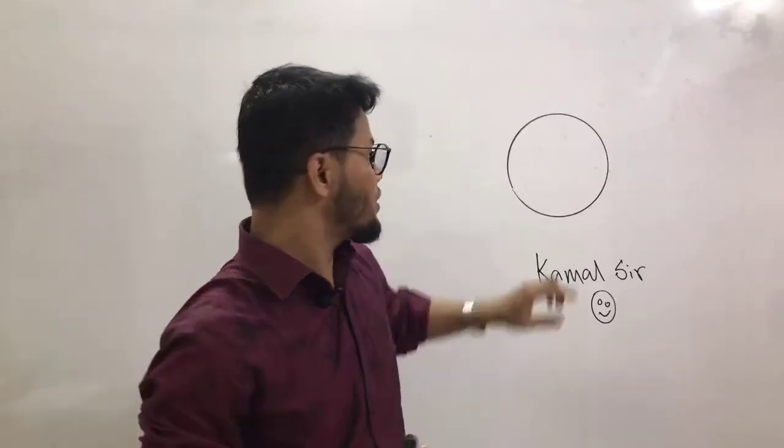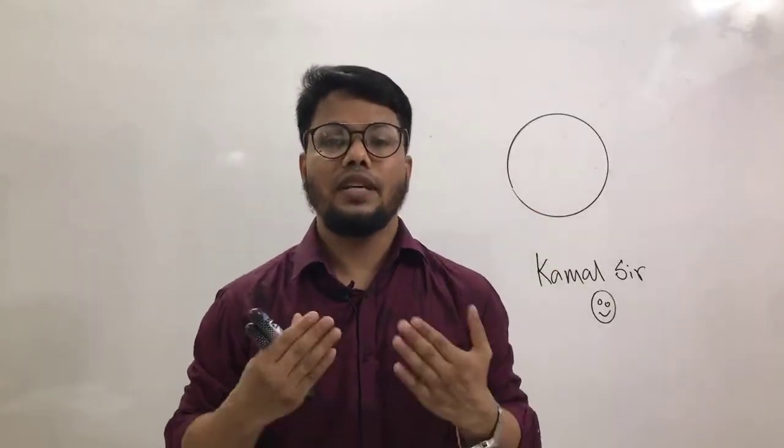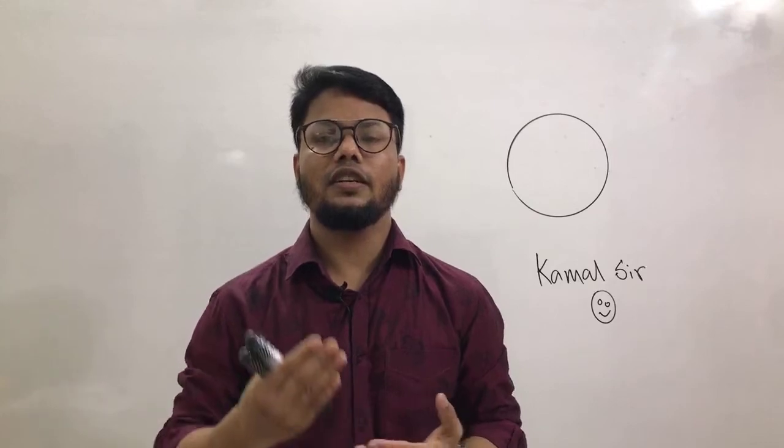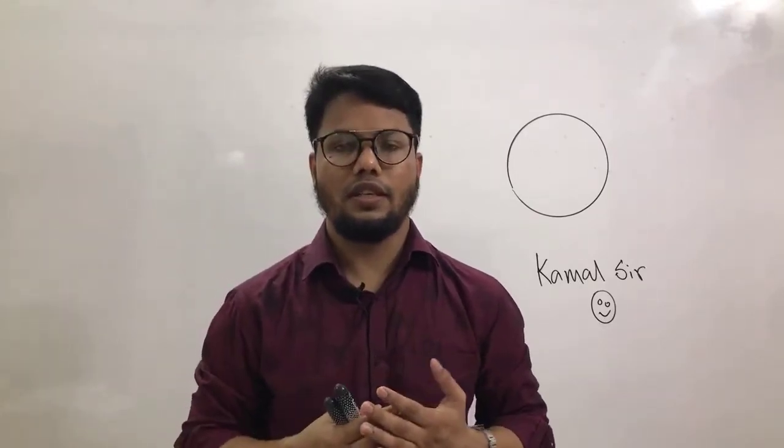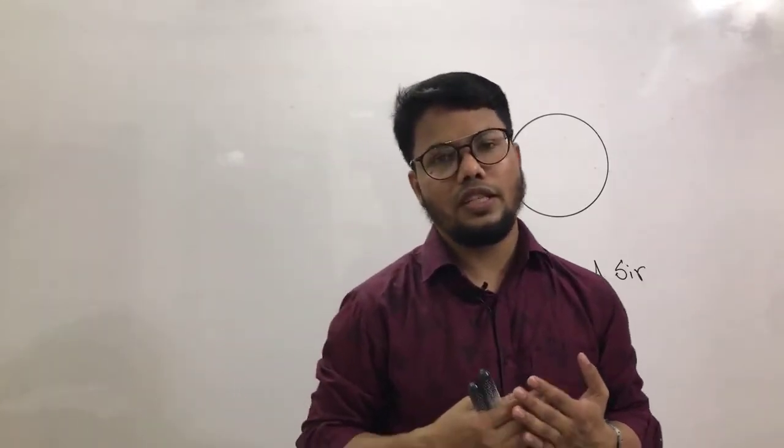Today we are going to discuss the circle, the basic concept about the circle and the formula related with the circle. So dear students, let me know, is it okay or not?